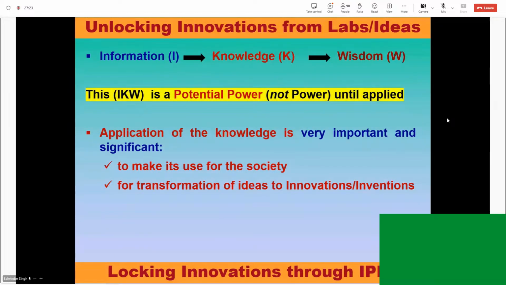If you have knowledge about a concept or great wisdom about some subject, it becomes power when you apply it to develop something or create innovations or inventions. Just having knowledge, information, or wisdom about a subject is not sufficient.